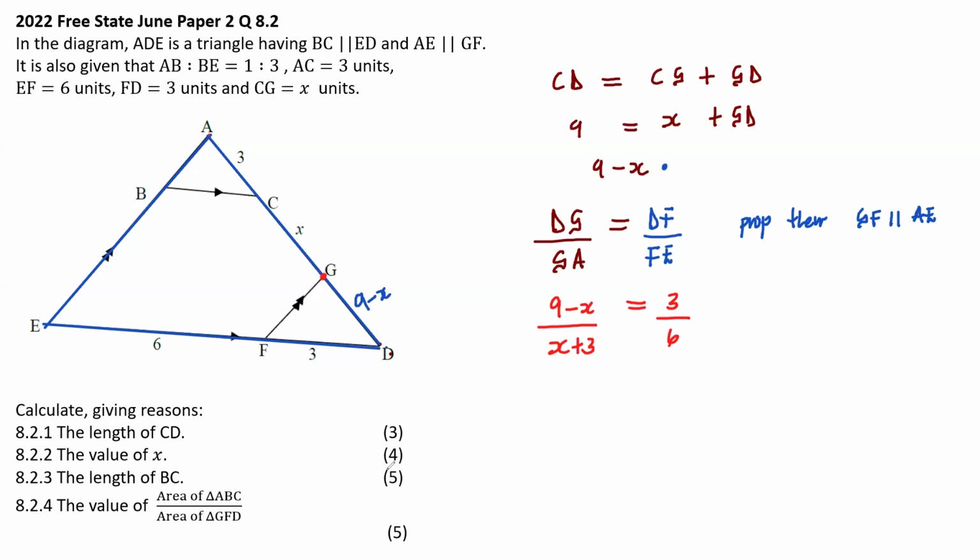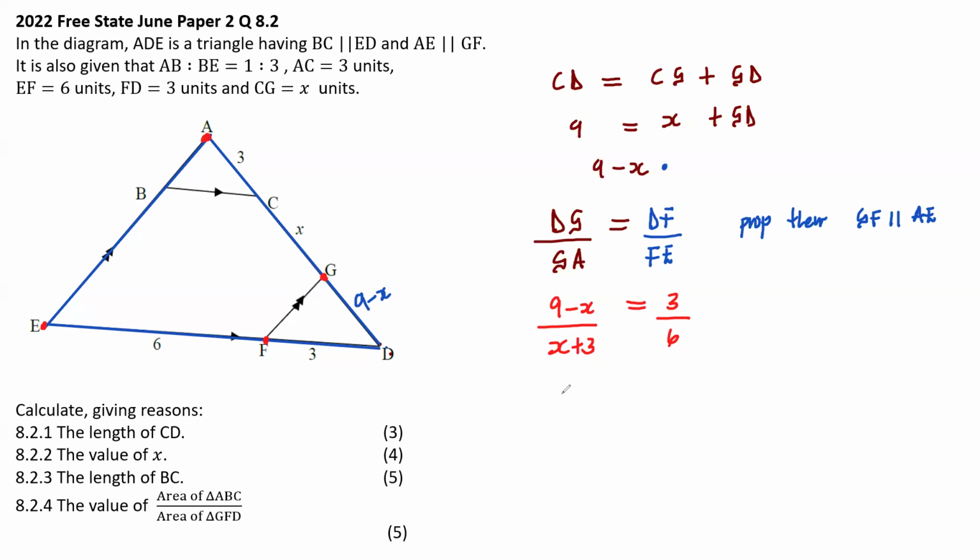So you pick the story in the context of what it has and what it needs and how you can handle it. We can cross multiply and see how far it goes. So 9 minus X over X plus 3 is equal to 3 over 6. Remember, I was using GF and AE being parallel. That's why I picked it the way I did.